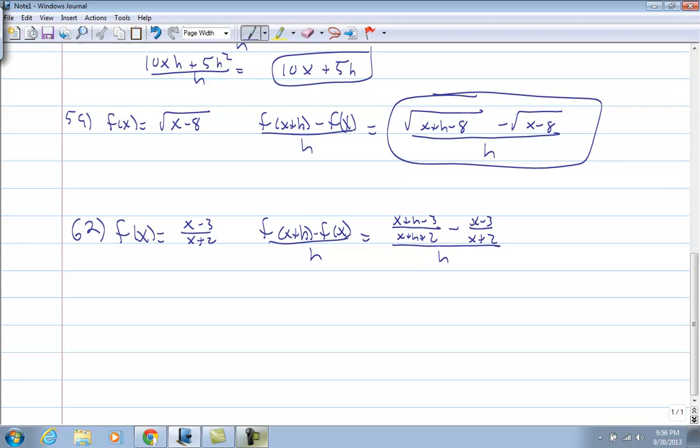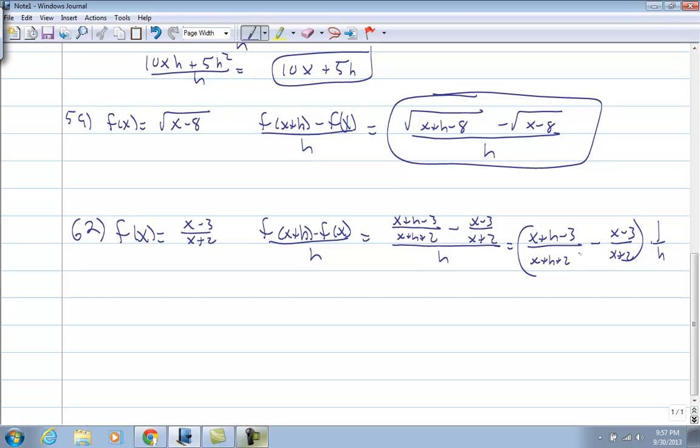If it helps to see it this way, we could write it as all that times 1 over h. We can just multiply it by the reciprocal of h.